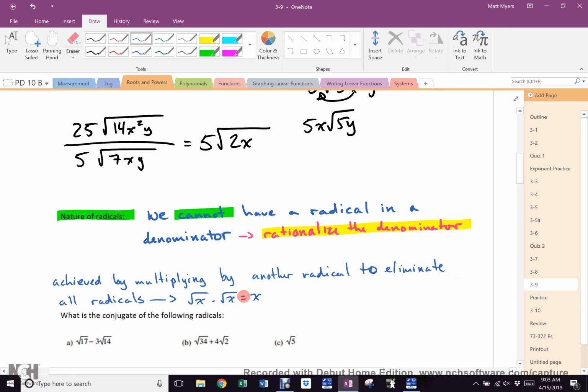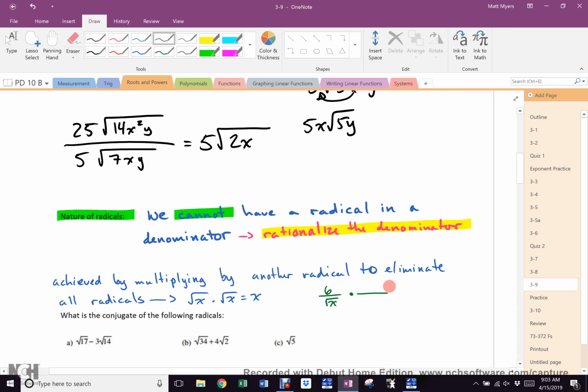Remember when we were multiplying, we discovered that if we take the root of x and we multiply it by the root of x, we end up with x. We got rid of the radicals. So knowing what you know, if I told you my answer came out to this, 6 over root x, is that allowed? No. What part of that isn't? The root x.